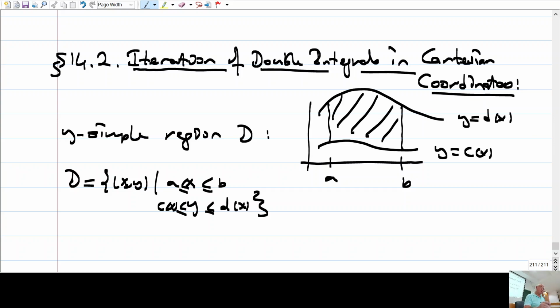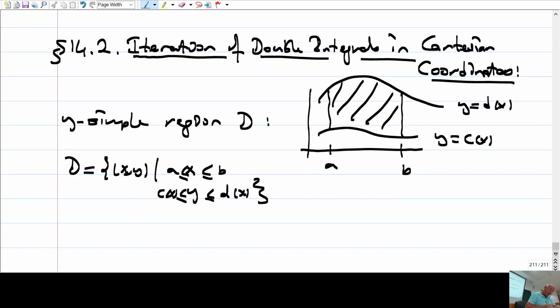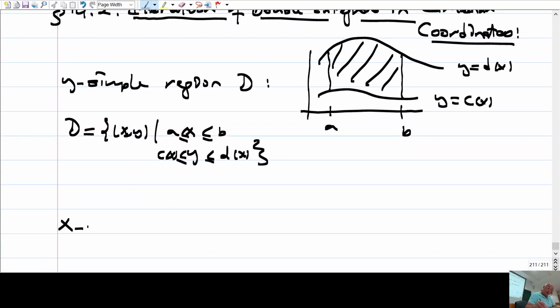A region like this is called y simple. In y coordinates, it is between two functions. Similarly we have an x simple region.